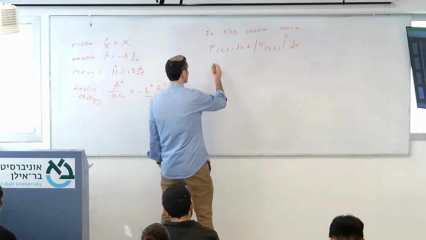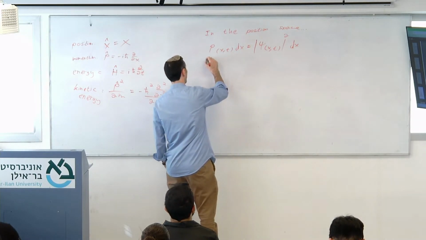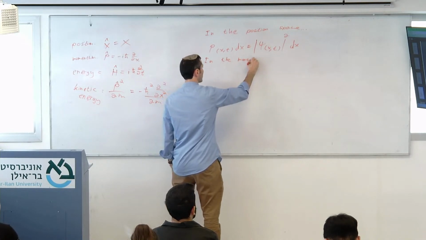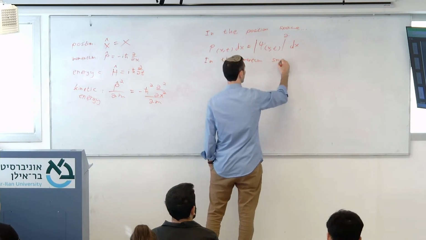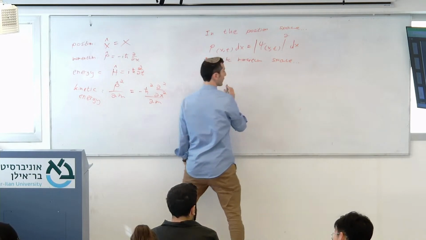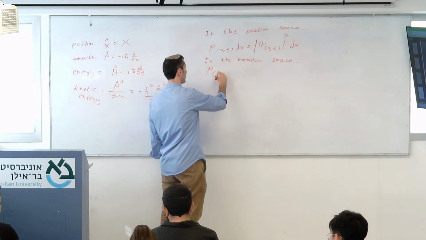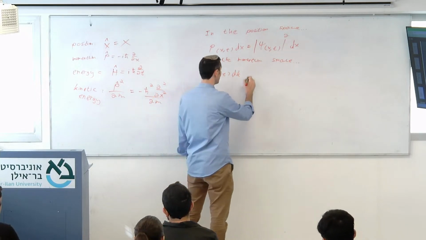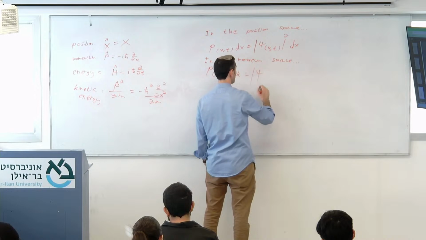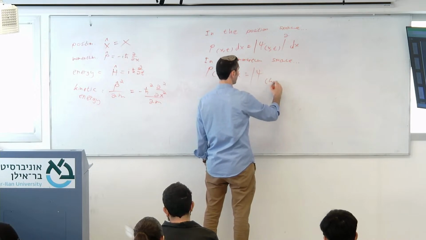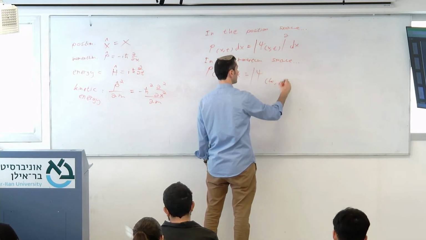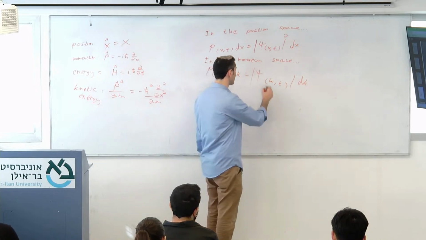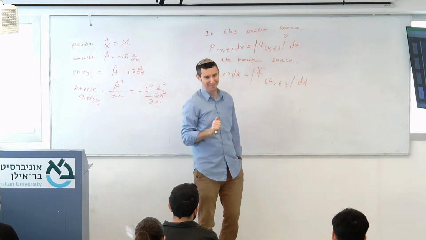Now, I want to find, in the momentum space, a certain P of k,t dk to be a certain psi of k,t dk, and my way of usually showing it is by putting a tilde here.